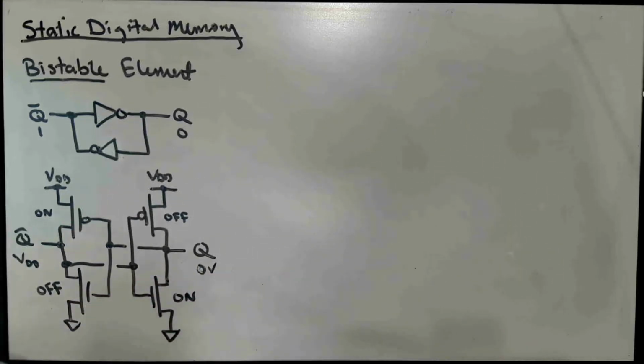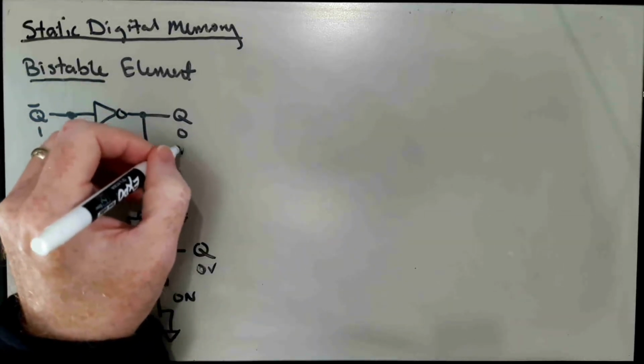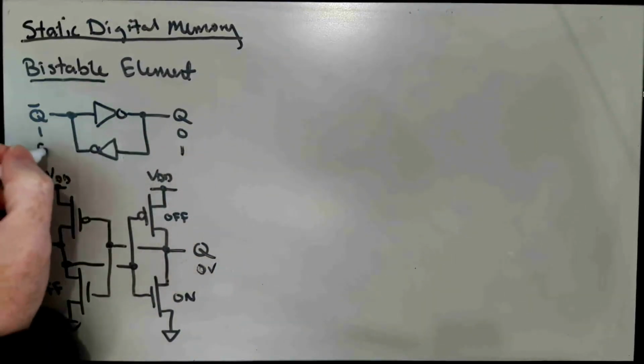Okay, so let's consider a second possibility, and that's putting Q at 1, and Q bar would therefore be at 0.